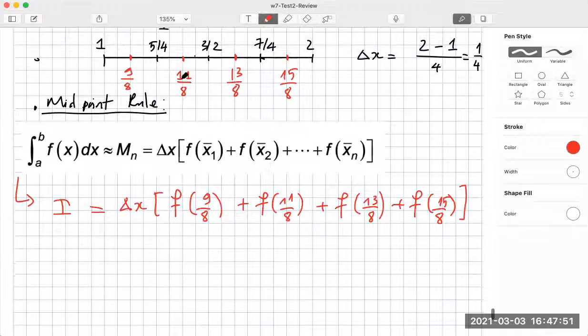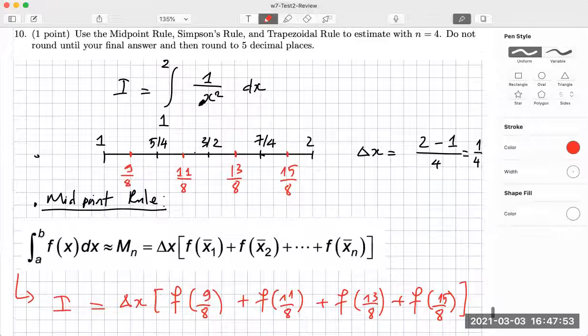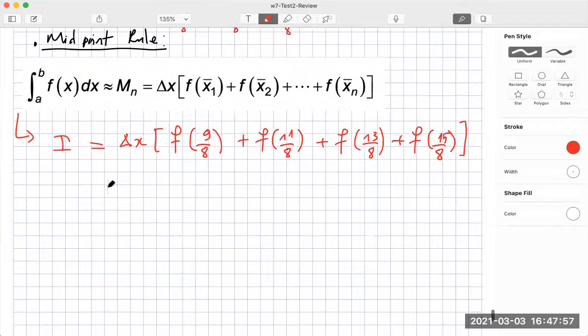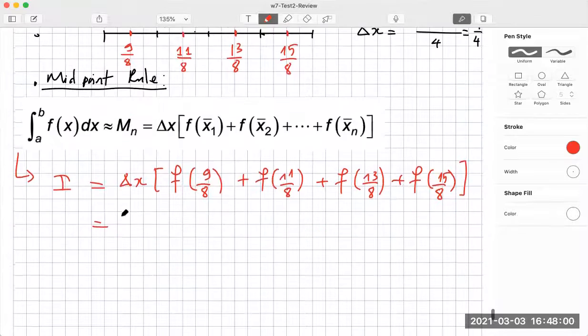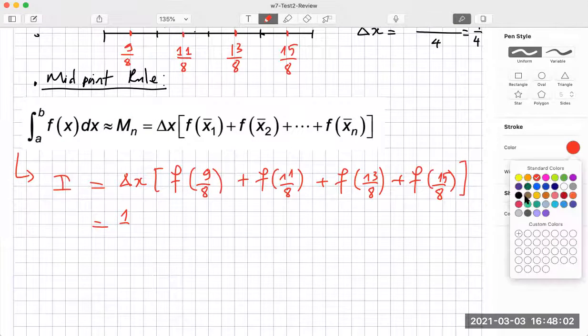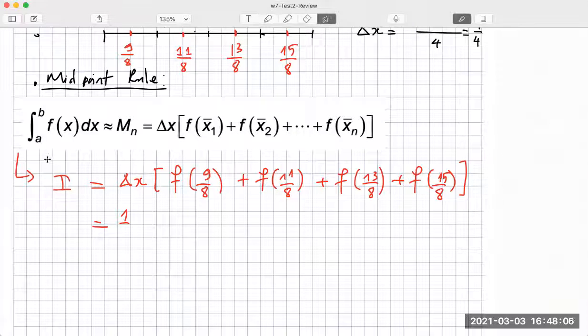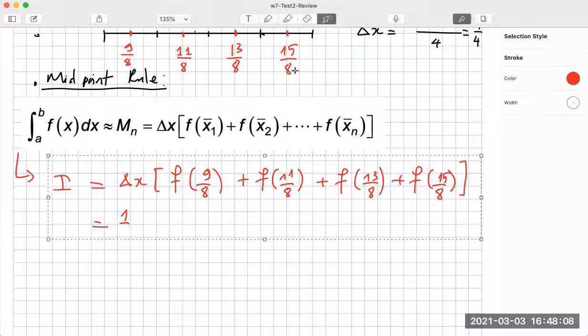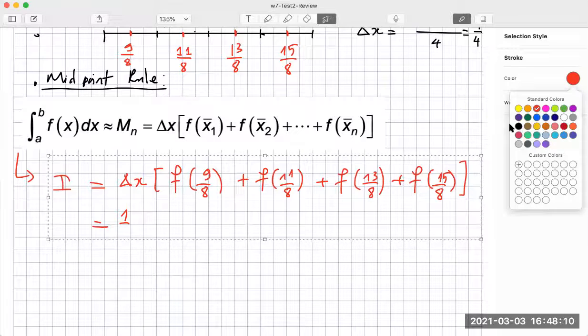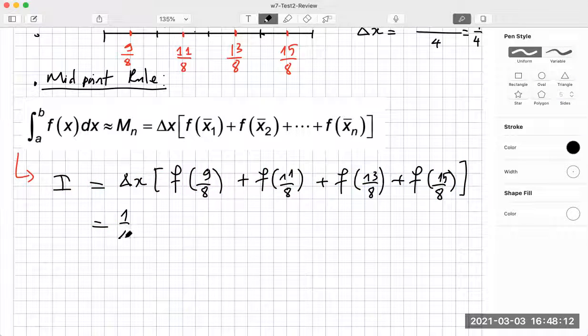Okay? And the function f here is given in this form. Therefore, delta x here is 1 over 4. Just write it here. Delta x is 1 over 4.